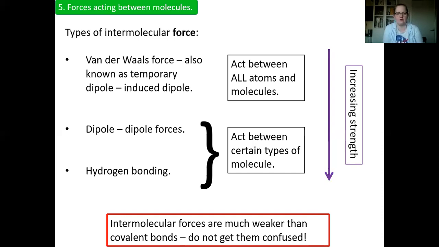If we were talking about the strengths of intermolecular and intramolecular forces, intermolecular forces are always your weakest, the forces between molecules. Van der Waals are your weakest, then dipole-dipole, hydrogen bonding, then ionic bonding, then covalent bonding, and ionic and covalent come under your intramolecular forces.